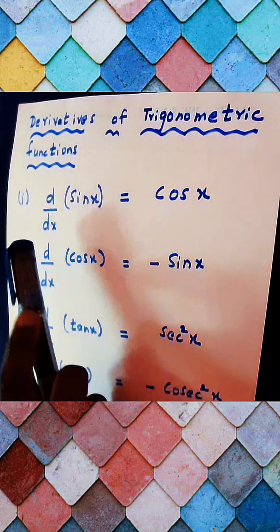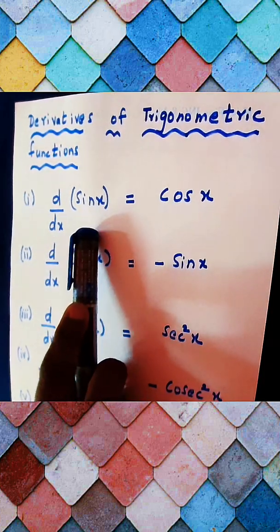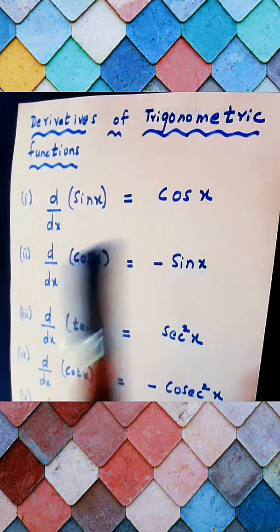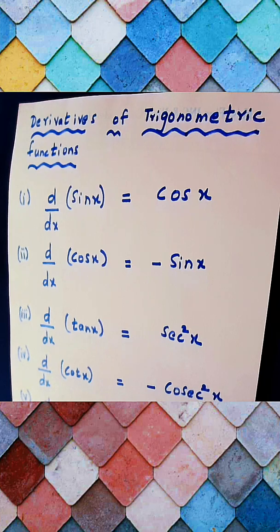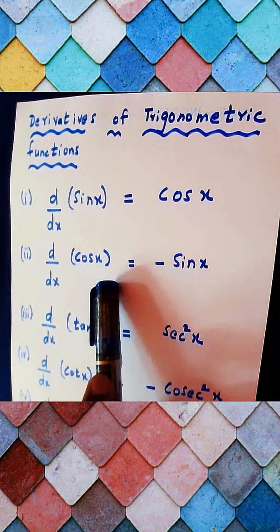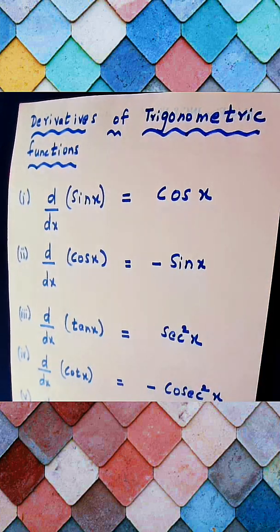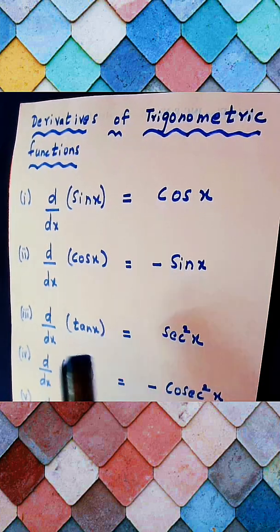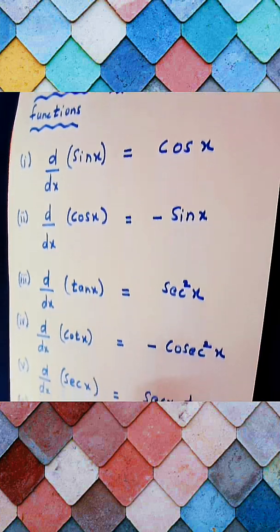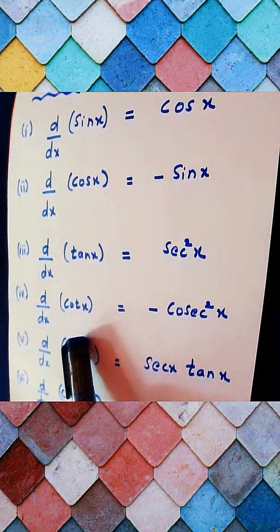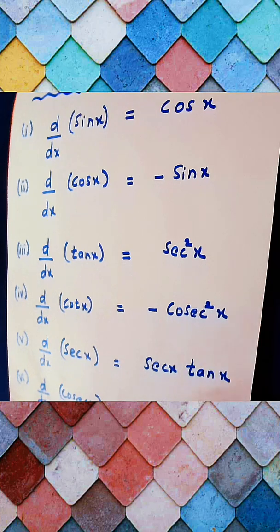Differentiation of sin x is cos x. You would have studied this in class 11, so I'm just recalling it again. Differentiation of cos x is minus sin x. Differentiation of tan x is secant square x. Differentiation of cot x is minus cosecant square x.